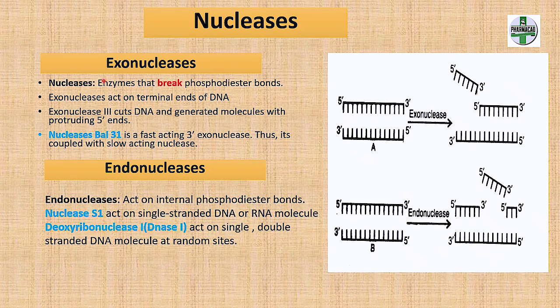Exonuclease acts on the terminal side or outside of the DNA fragment, and it will cut these fragments, that is, the phosphodiester bond will be broken, while the endonuclease will act on the phosphodiester bond present in between the DNA. So we have a gap which will be formed. An example of exonuclease is nuclease Bal31, and examples of endonuclease are nuclease S1 and DNase I.